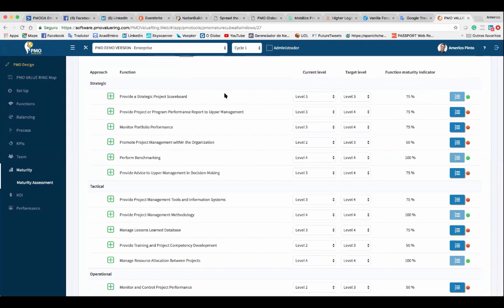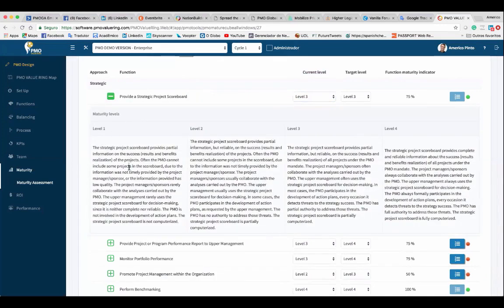The maturity indicator, the levels of maturity, they are defined, Ahmed. The levels of maturity come from the database, from our collective intelligence. You will define if you are level 3, 2, or 1, because you will read this description, exactly like in organizational models.